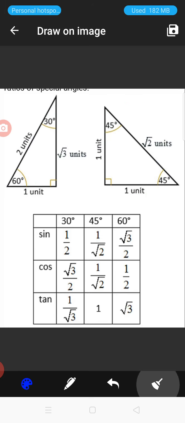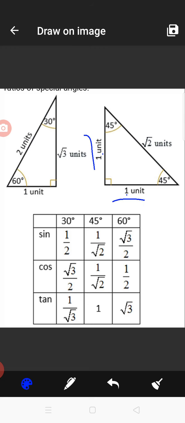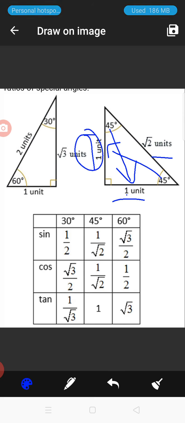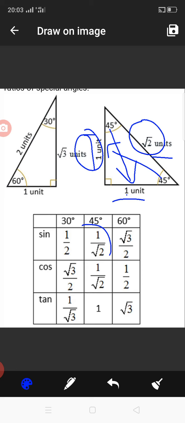Now for any 45 degree angle, sine of 45 is opposite upon hypotenuse, which is 1 by root 2.